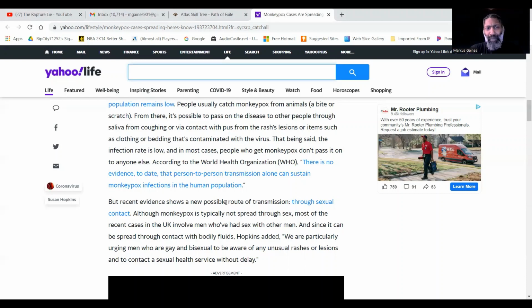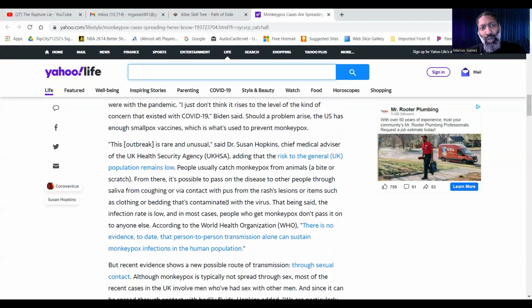I wanted you to really pay attention to this particular part where it says via contact with pus from the rashes, lesions, or items such as clothing or bedding that's contaminated with the virus, because we're going to look at some pictures of it a little later. Just remember that that was the way it was worded.